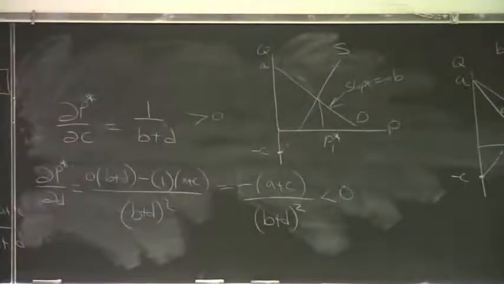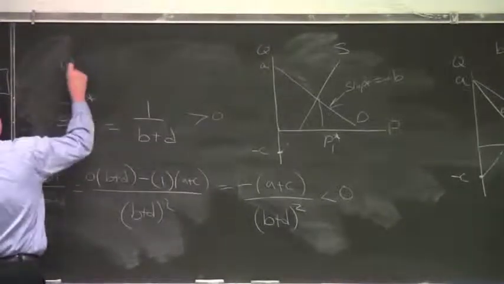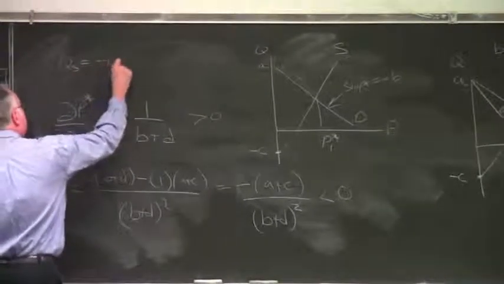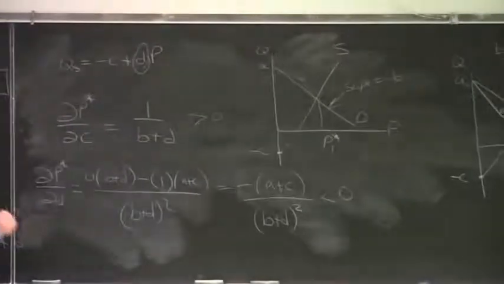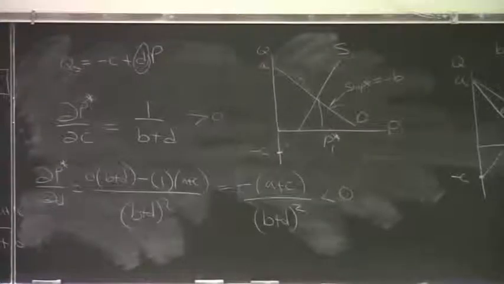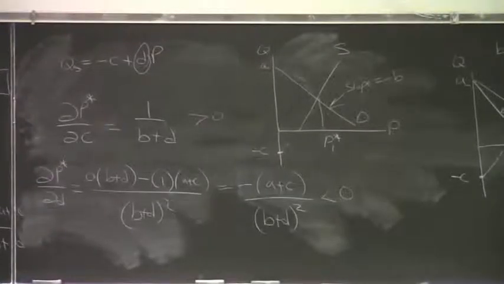Where does D enter in the supply and demand model? Yeah, it's just the slope of the supply curve. Our supply curve is just this. And the slope of the supply curve is just D. So as D gets bigger, then what happens to the supply curve? Yeah, it gets steeper.